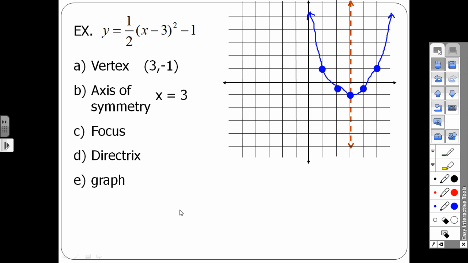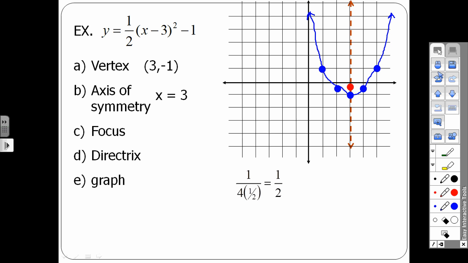Okay, so now time to do the focus and the directrix. Remember that 1 over 4a? Well, let's just calculate what that is. 1 over 4 times the absolute value of 1/2 is going to give us 1/2. Okay, so this 1/2, what that means is, I'm going to go ahead and put my focus right there.